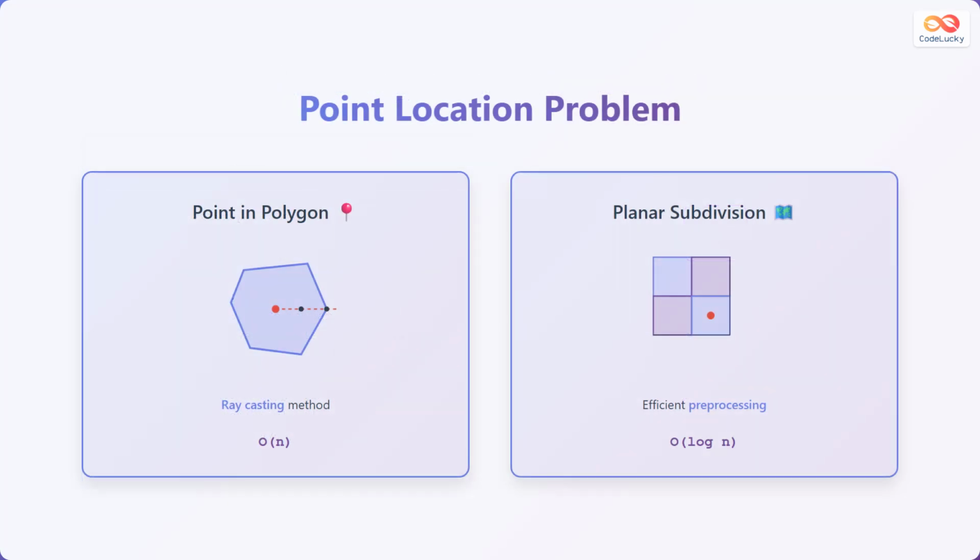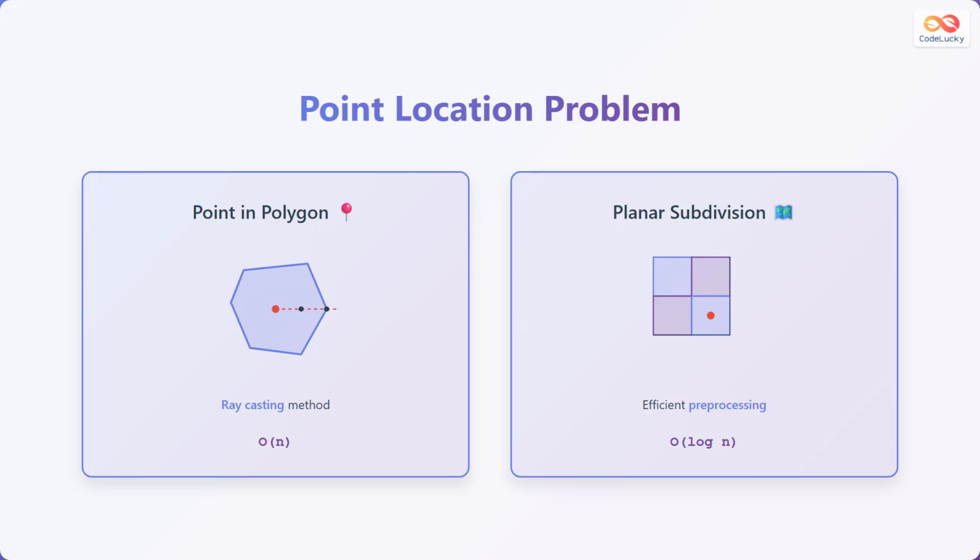The point location problem involves determining the location of a given point within a geometric structure. Two common instances of this problem are point and polygon and planar subdivision. In point and polygon, we want to determine whether a point lies inside or outside a given polygon. One approach is the ray casting method, where we cast a ray from the point and count the number of intersections with the polygon's edges.